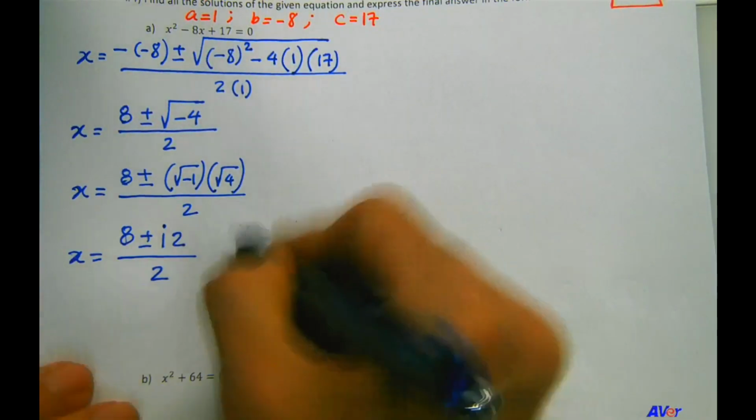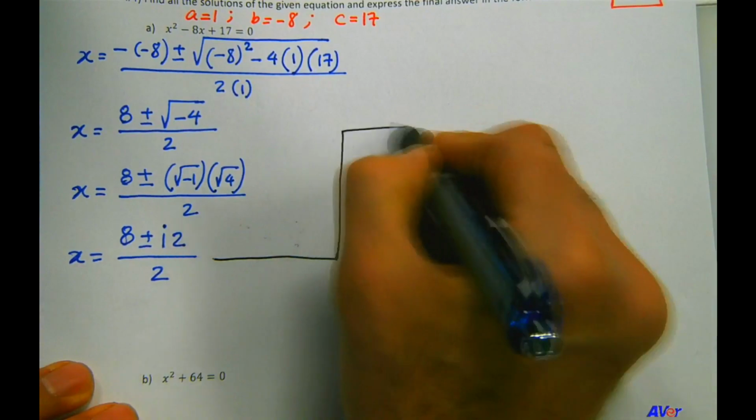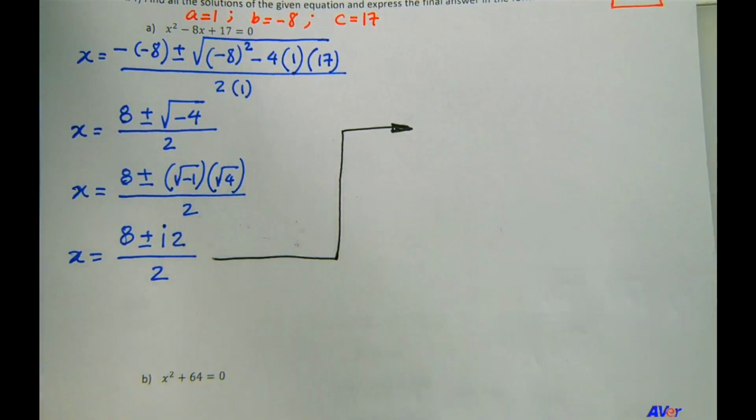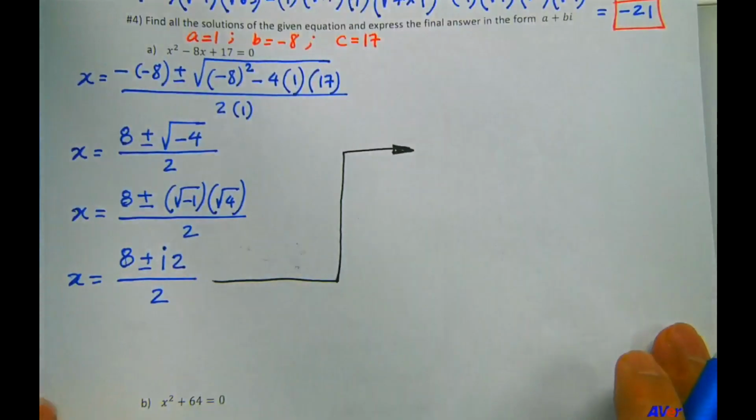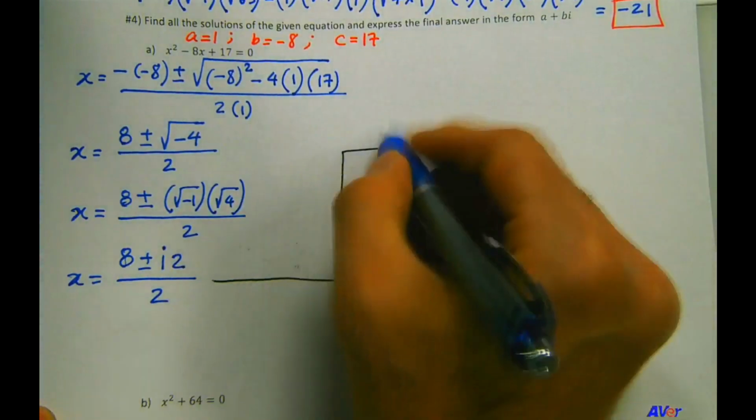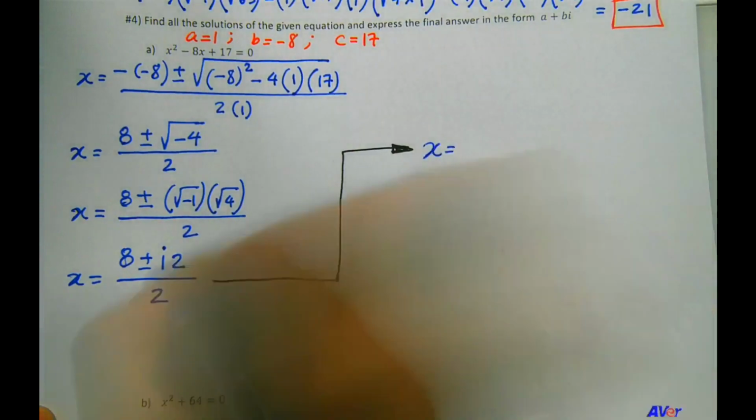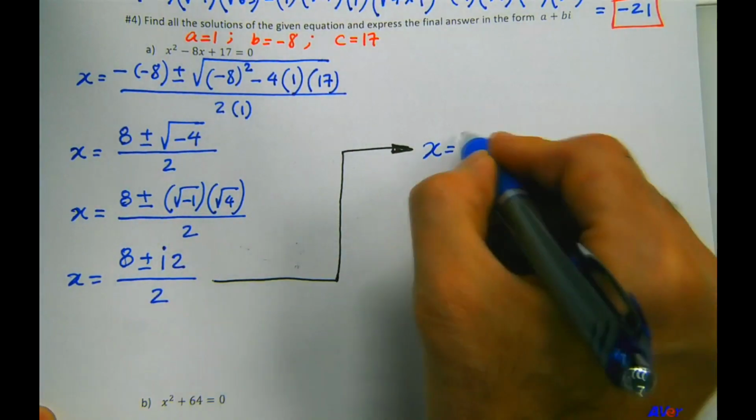And so simplifying this a little more, let's factor out the 2 in the numerator.